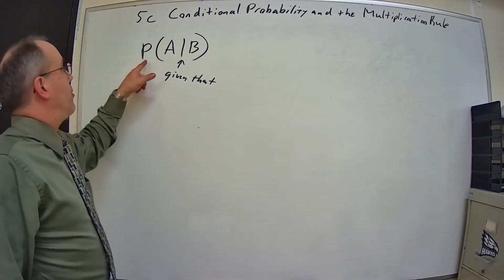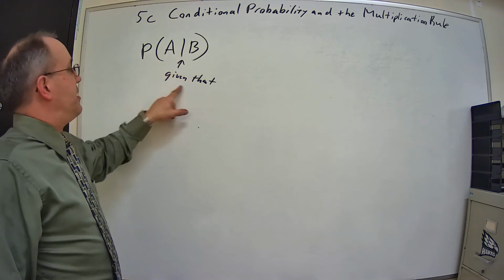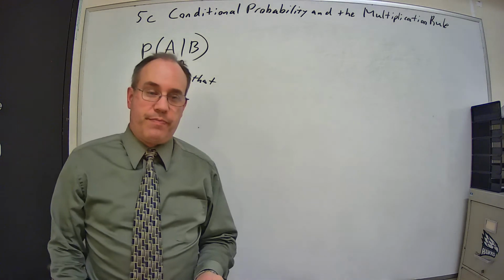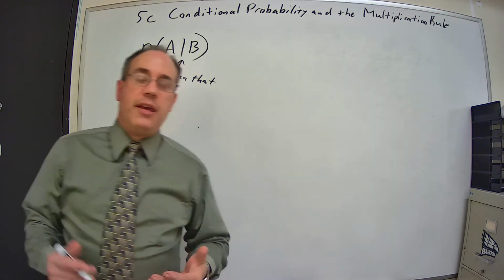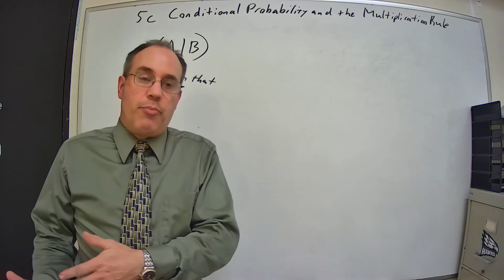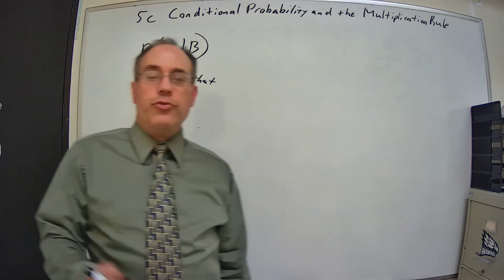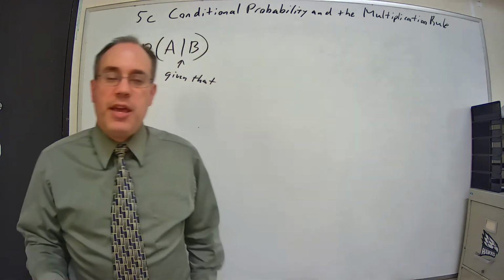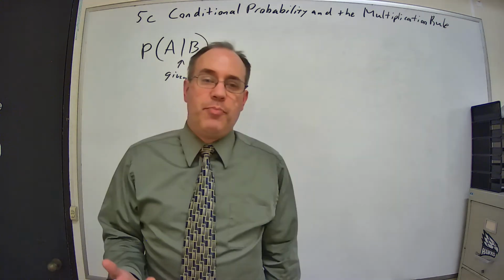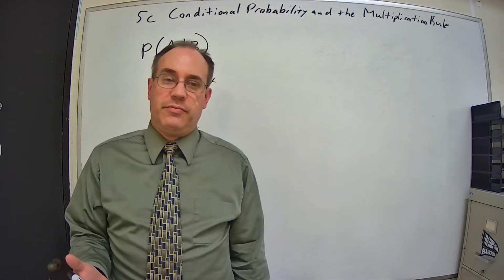So we're looking for the probability that event A occurs given that event B has already occurred. So we're making a judgment based on some prior knowledge. Usually what we mean by that is maybe I'm looking at the number of people who wear glasses out of a full class.